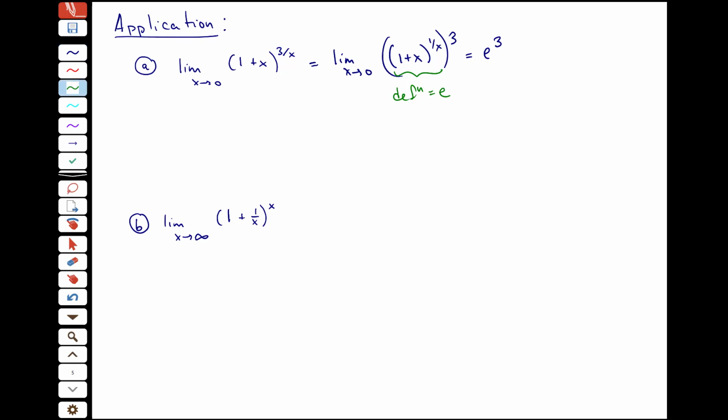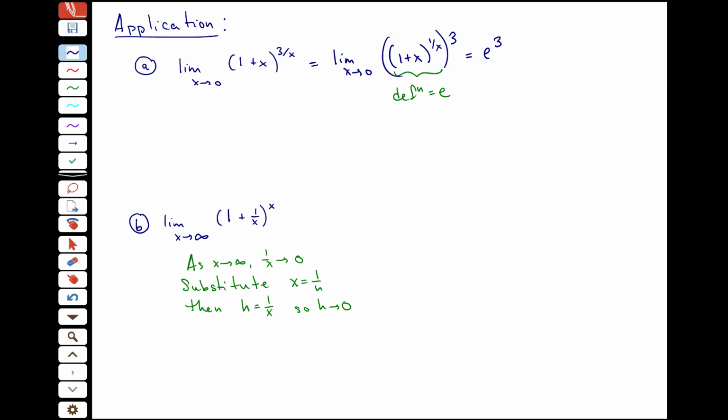Now, the second problem here is a little bit harder, and once you've seen it a few times, you learn to recognize it. This is the limit as x goes to infinity of 1 plus 1 over x raised to the x power. Now, the thing that I notice here is that as x goes to infinity, 1 over x goes to 0. So if we substitute x equals 1 over h, then h is 1 over x, so h goes to 0.